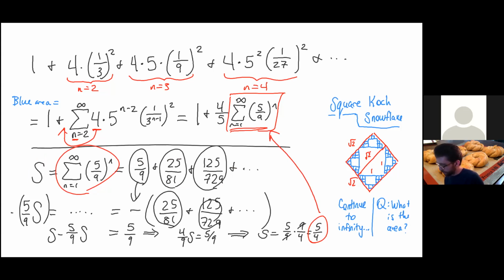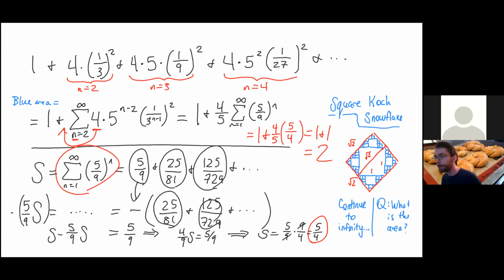So work that out for yourself. It's going to be astonishing. But this equals, okay, I'm going to write out the whole thing now. 1 plus 4/5, and that sum was 5/4. 4/5 times 5/4 is 1. That sum equals 2.